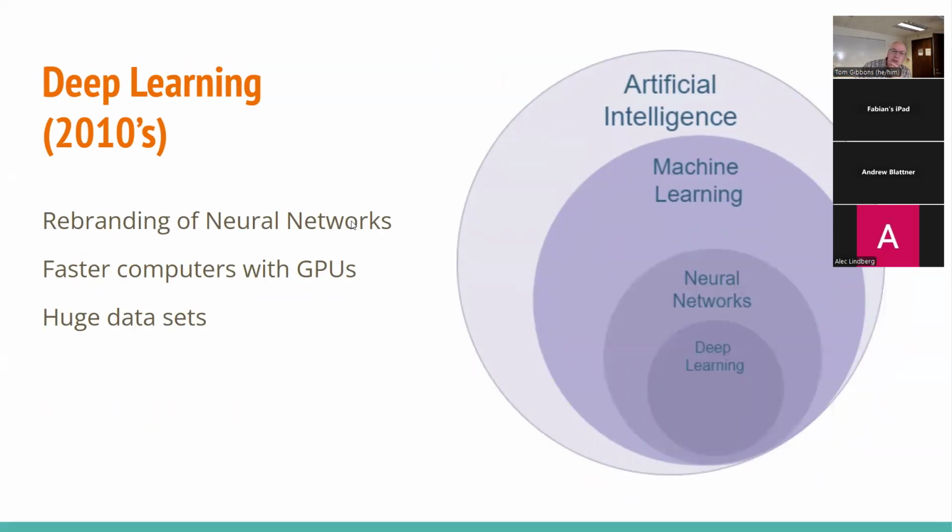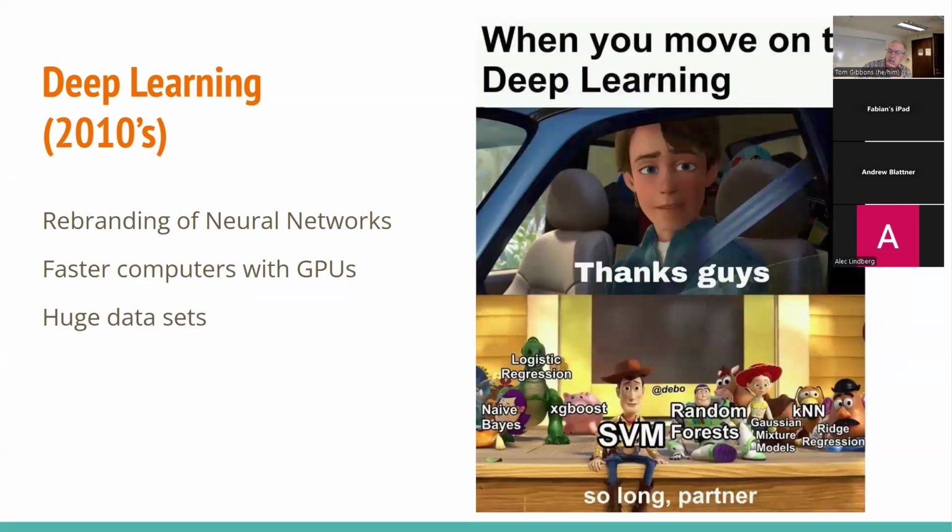But then it resurged around 15 years ago, and we rebranded it deep learning. We had faster GPUs and huge data sets. And a lot of people sometimes say that once you start deep learning and neural networks, you kind of leave all those other versions behind.